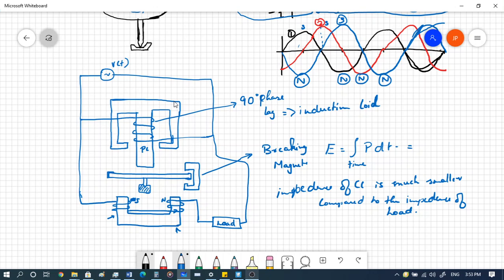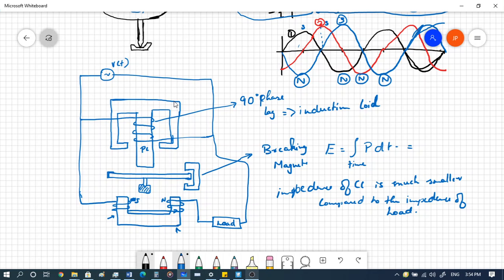So coil 1 and coil 2 have a phase difference of 90 degrees, and coil 2 and coil 3 have a phase difference of 90 degrees, and thereby we generate a rotating magnetic field, right?